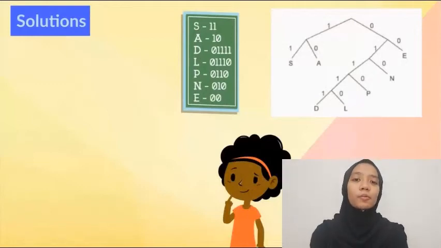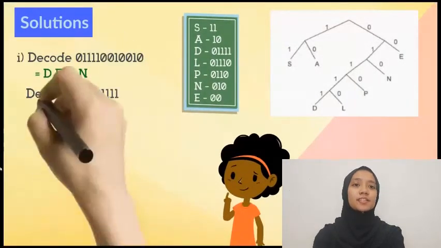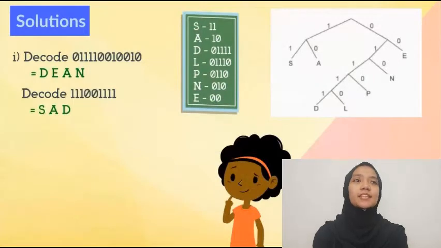So now, we will proceed with the first Roman question, which needed us to decode 01111 0010010. So now, look properly at the first possible combination of numbers.